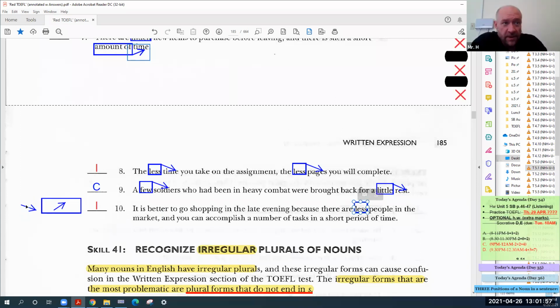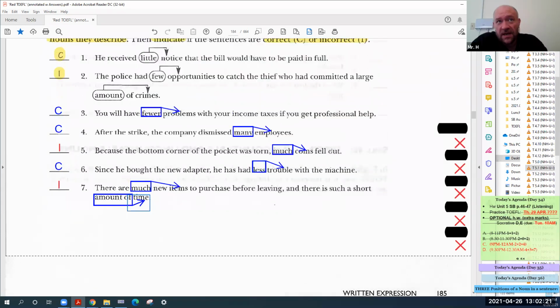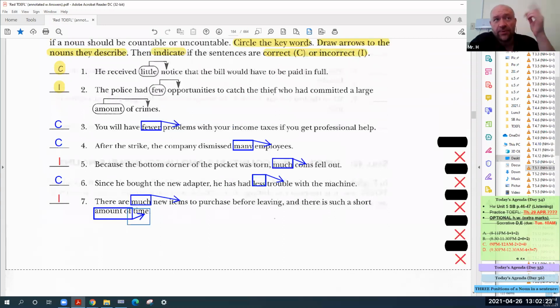And then less people. All right. And then next keyword. Number. Yep. Number of. Include this preposition, okay? Number of. And then the noun. Tasks. Okay.